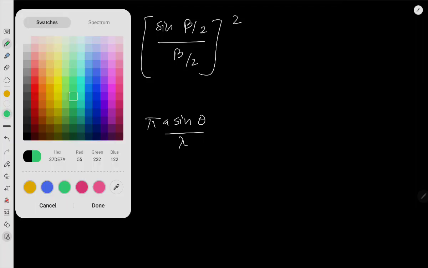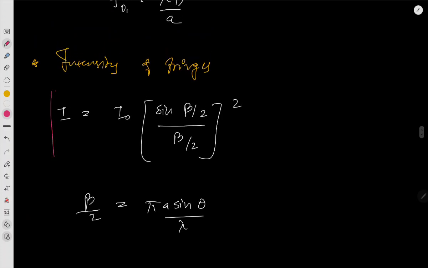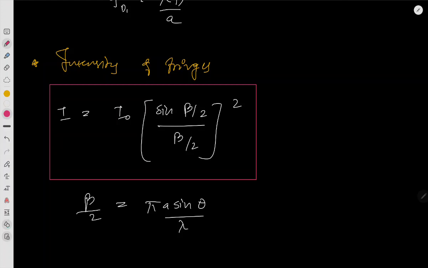This is a very useful result, and there have been some direct questions asked on it, where the other things are constant and only sine theta or lambda is changed, and they are asked about the intensity. So we need to know a little bit about this formula in order to solve.